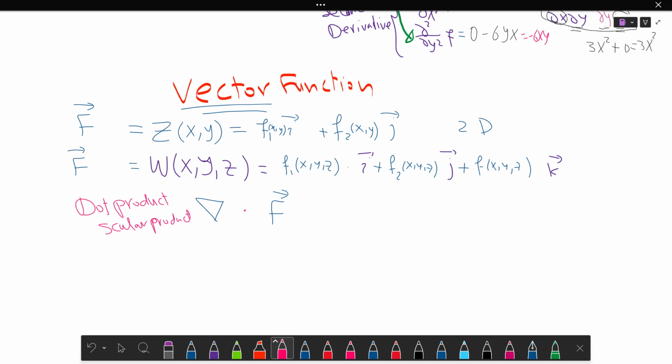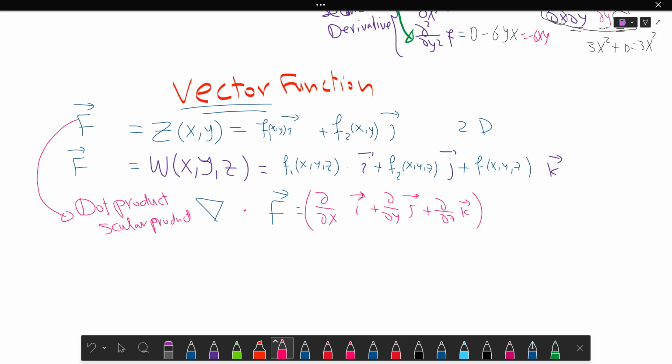Okay, so how can you multiply this? I know nabla. Let's go for 2 dimensions or 3 dimensions, it doesn't matter. So partial by partial x i plus partial by partial y j plus partial by partial z k.